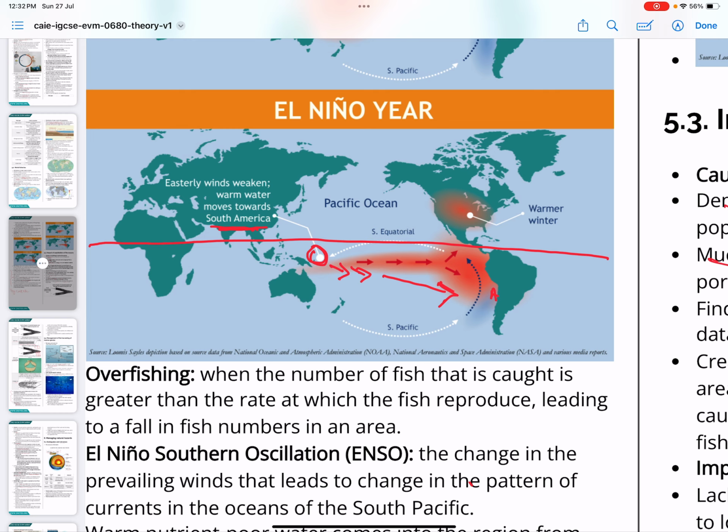I have discussed with you that on the equator, I have drawn an imaginary line called the equator. On the equator, there is high temperature, which means that the ocean area near the equator is also going to have high temperature.